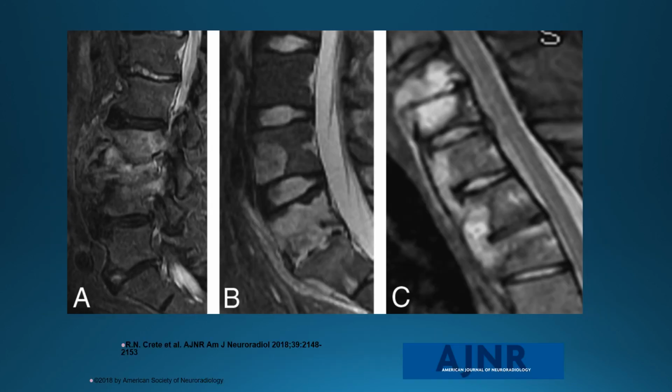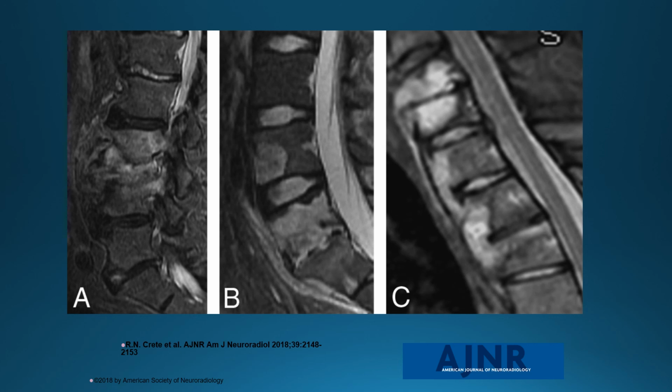And the final stranger thing is coccidioidomycosis. This is from AJNR. Coccidioidomycosis is seen in areas where coccidioides is endemic.